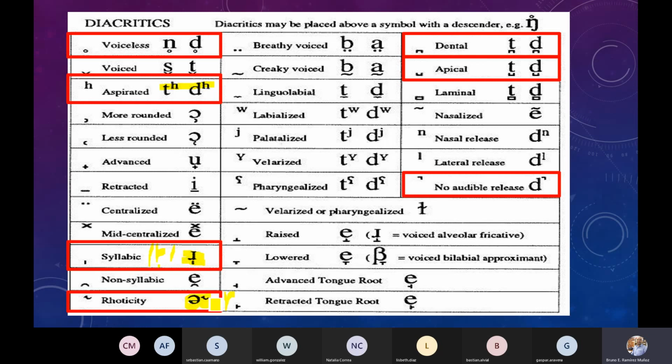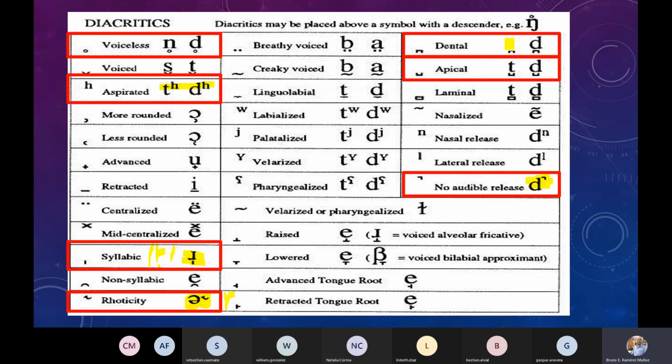And I would say another is the unreleased plosive sound, which is plosive sounds at the end, like in, for example, rope. In the last p, there's no aspiration. It's a controlled flow of air, which is blocked, but there's no plosion. So we use this symbol to represent that.